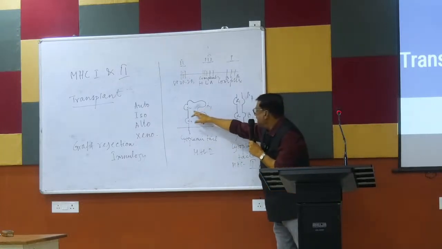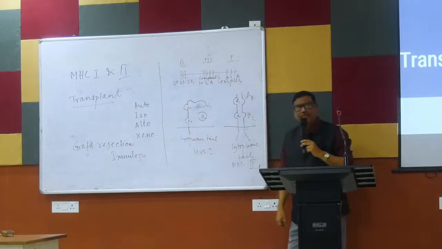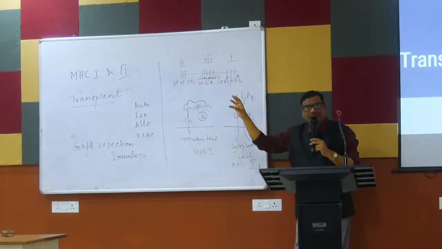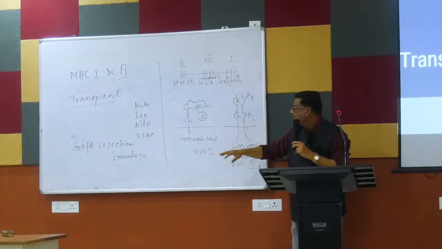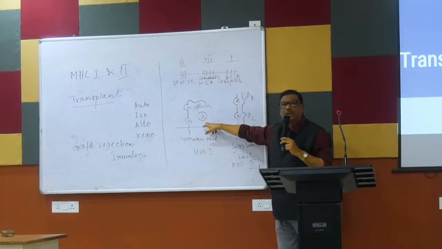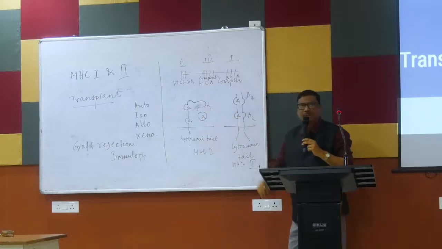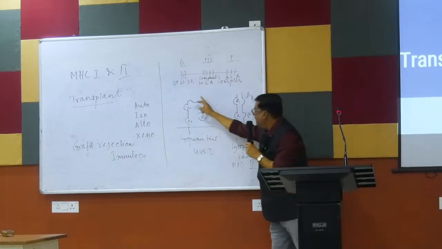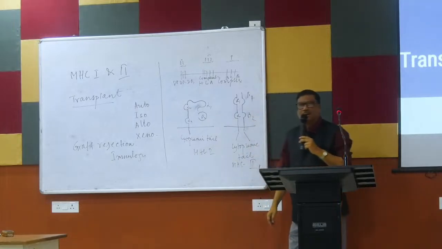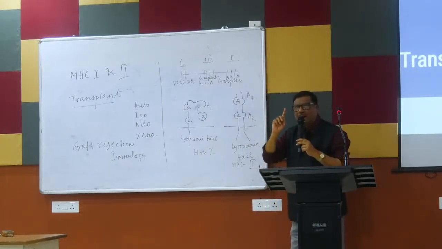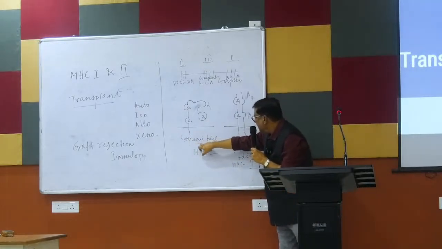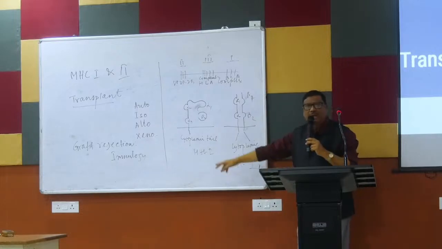The alpha chain has alpha 1, 2, 3 domains, like immunoglobulin domains, and beta 2 microglobulin is attached to this alpha chain. So this is the complete chain, where only one anchoring cytoplasmic tail is there in case of MHC1.